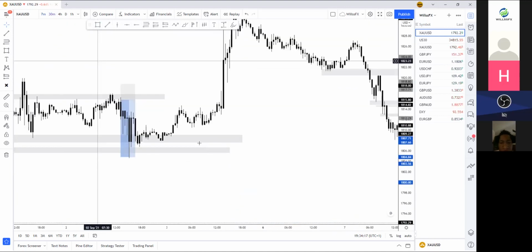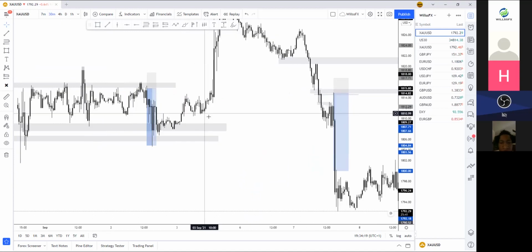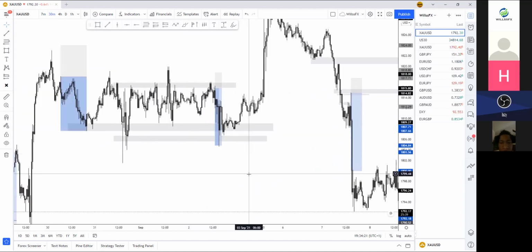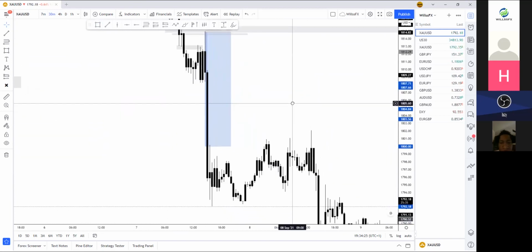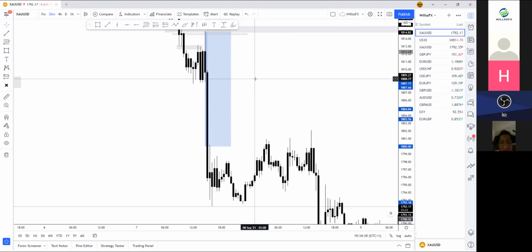And the target, why did I target there? If we look back, wait, let me see. Oh yeah, 1800. On gold, 1800 is a key level. You have 1825, 1850, 1875, 1900 key levels on gold where price reacts from.